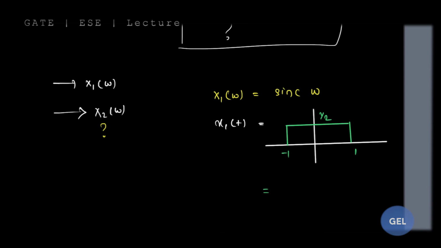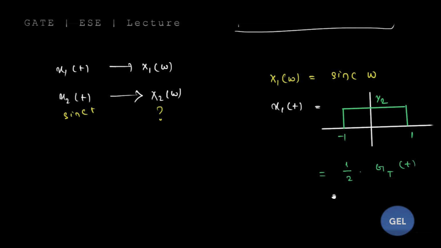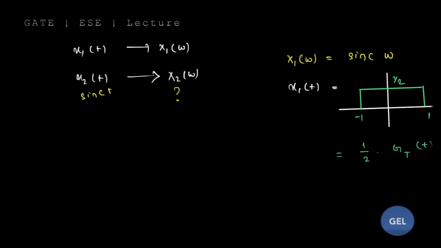Look here carefully. You write the magnitude first, into the rectangular function, like this. Clear? This is your x1 of t. So if this is your x1 of t, what will x2 of omega be? x2 of omega will be 2 pi into x1 of t at t equals minus omega.